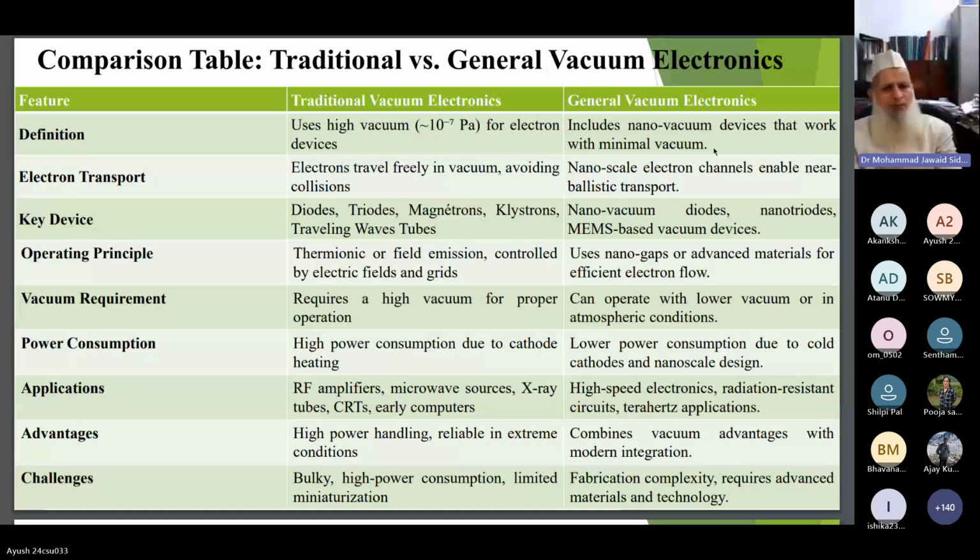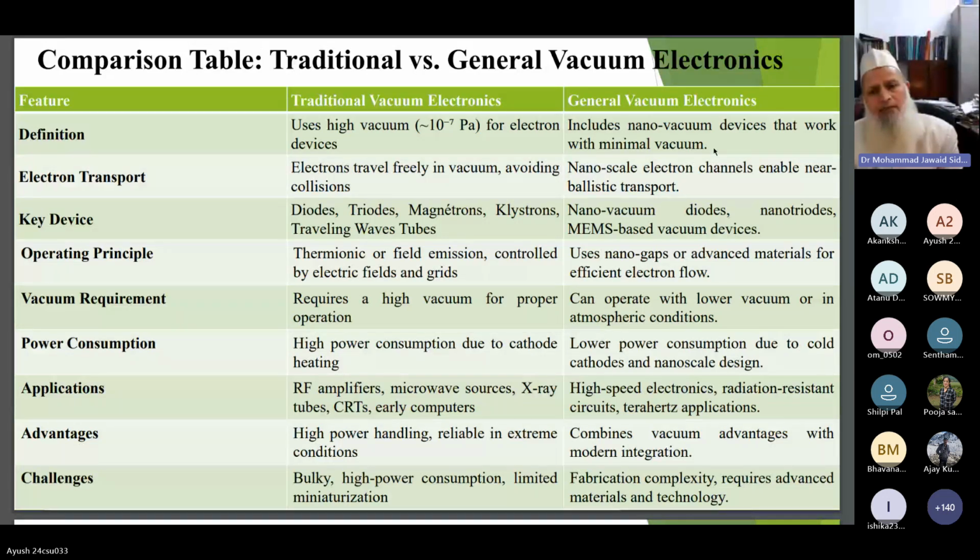The electron transport in traditional vacuum electronics, electrons travel freely in vacuum, avoiding collision, while in general vacuum electronics, nano scale electron channels enable near ballistic transport. Actually, in nano electronic devices, the transport mechanism for the electron is not diffusive. In diffusion, the electrons collide with other charged particles like the holes and ions.